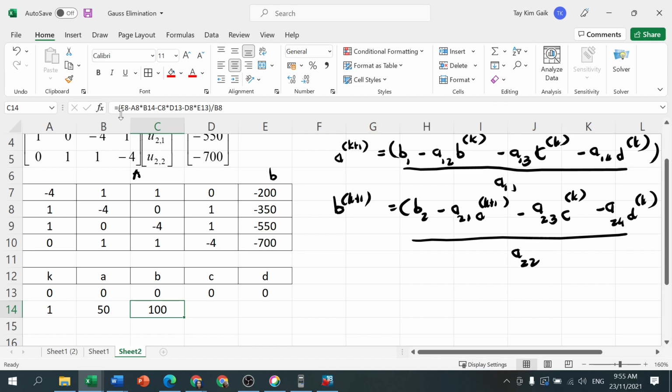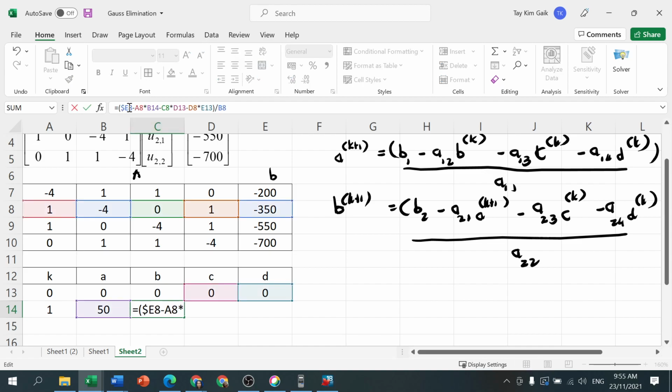So all the coefficients in matrix A and B must be made constant, because we are going to copy it down to the next row. If we do not make them constant, the values of all the coefficients for A and B will move down, and then it will be wrong.